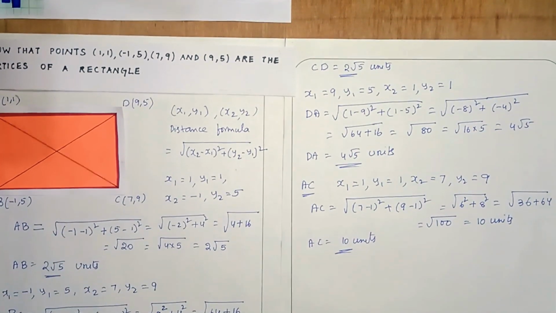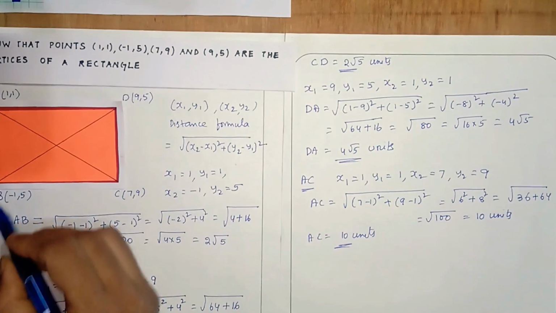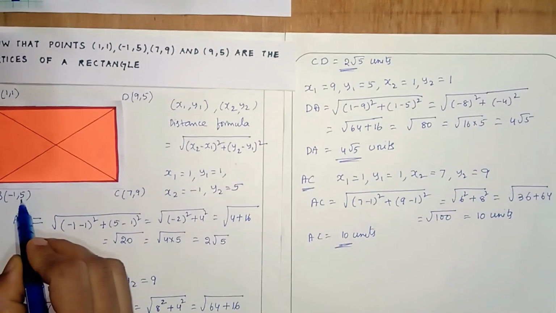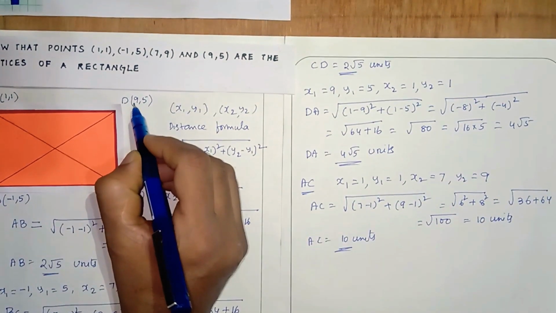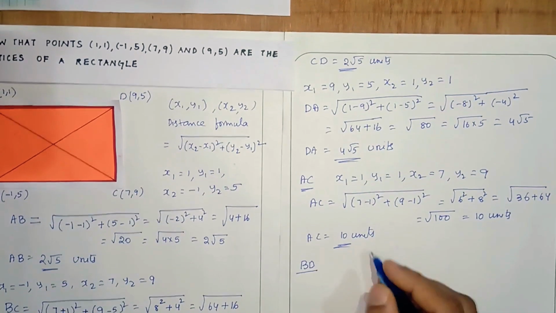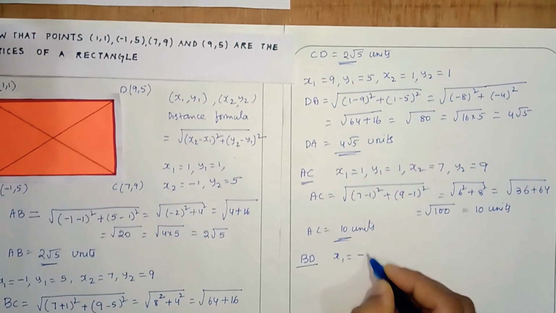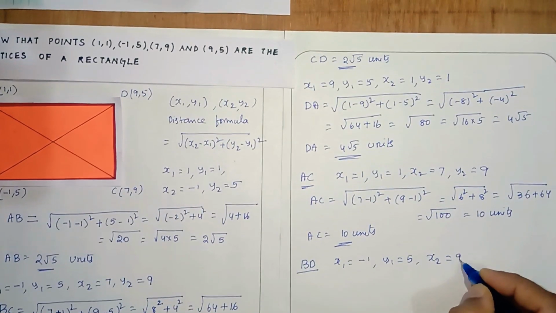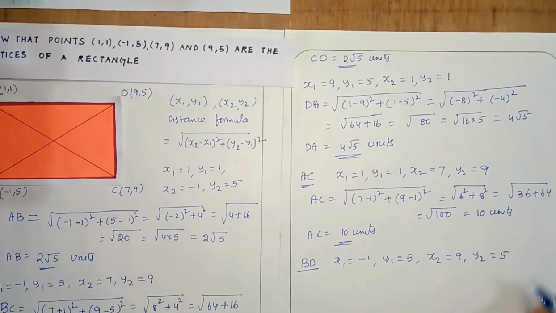And to find the length of BD, consider the point B as (x1, y1) and the point D as (x2, y2), where x1 is -1, y1 is 5, x2 is 9, y2 is 5.